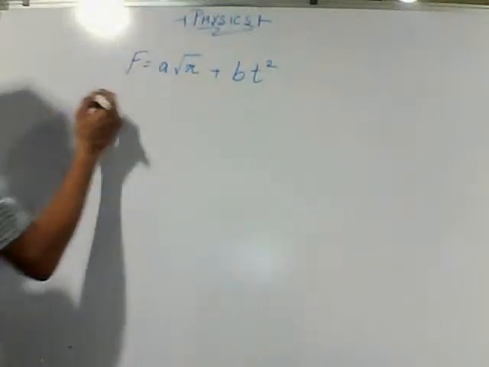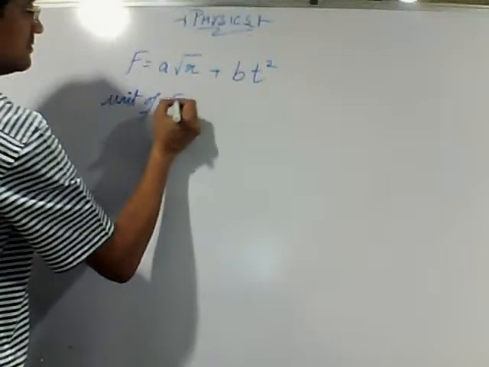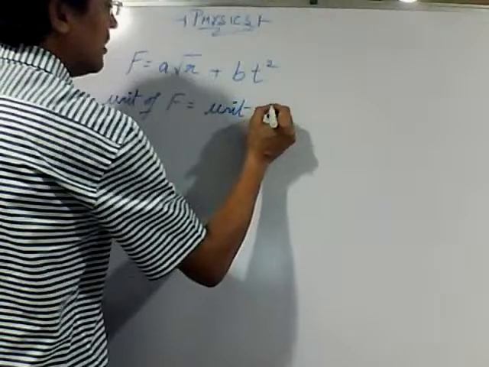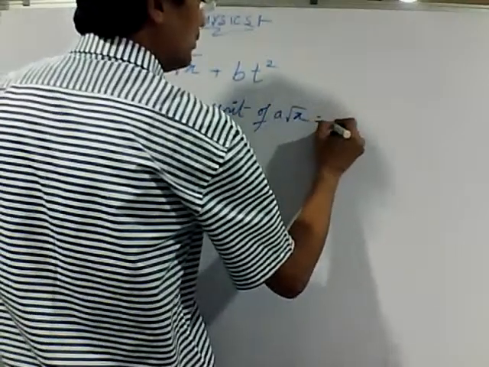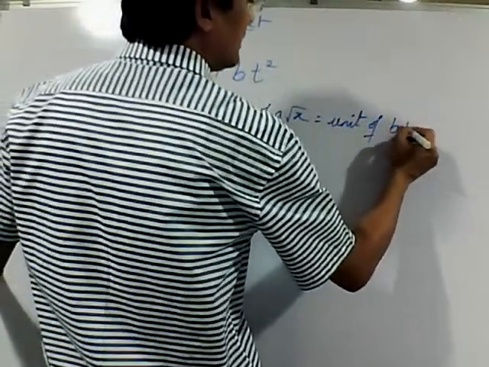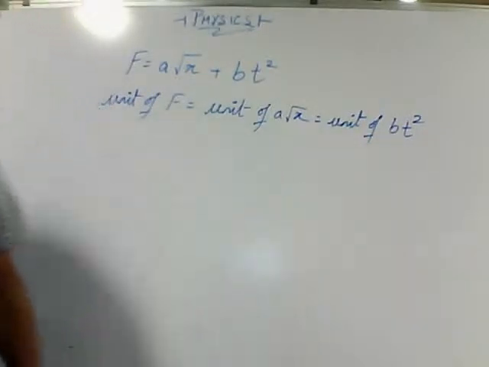That means I can say that the unit or dimensions of F are the same as the unit or dimensions of a√x, and equal to the unit or dimension of bt².